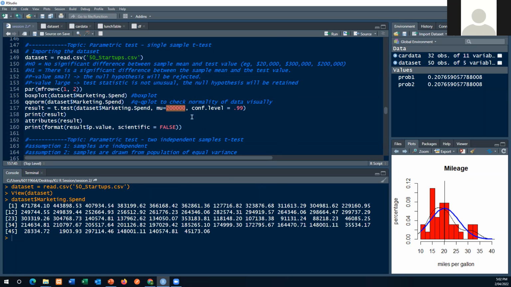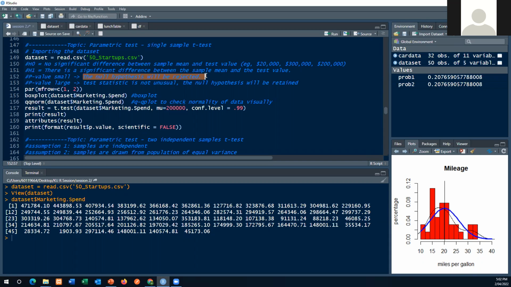Okay, we are assuming that our marketing spend of 200K is actually close to the mean of the marketing spend we see. Okay, and then let's test the hypothesis. That's a null hypothesis. In hypothesis testing, there are the null hypothesis and the alternative hypothesis, and there's the p-value. If the p-value is small, then the null hypothesis will be rejected at a significance level.